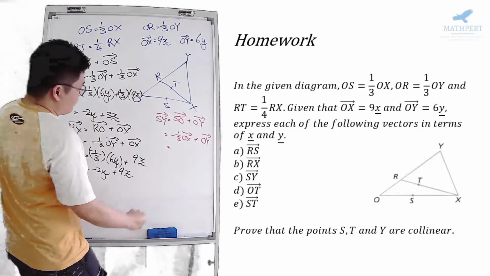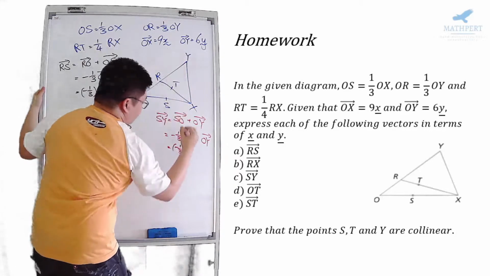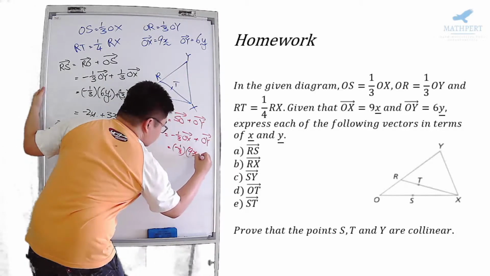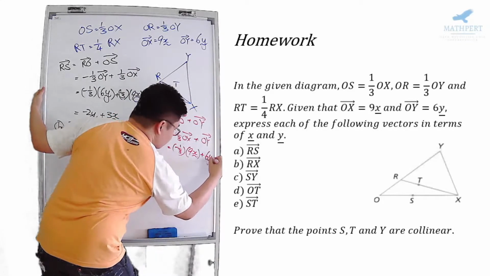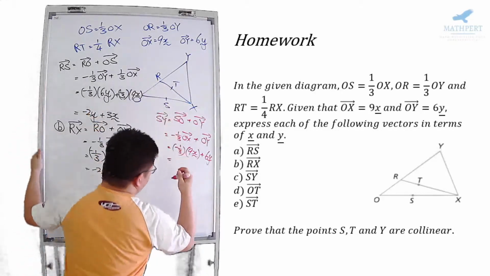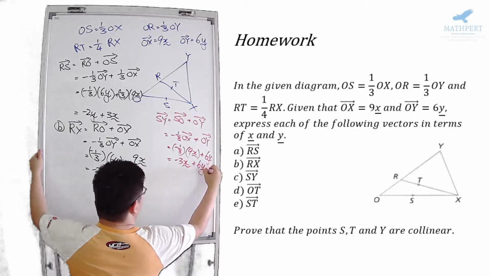Negative 1 over 3 of 9x, OY will be 6y. So this will be negative 3x plus 6y.